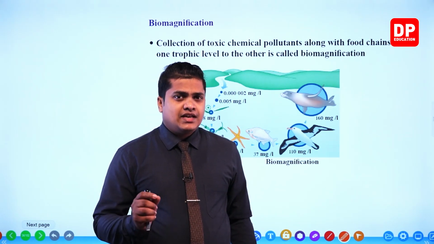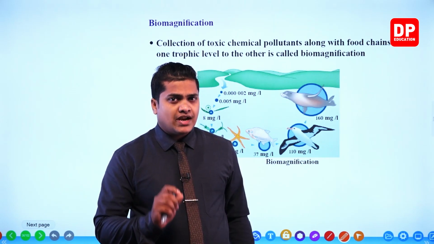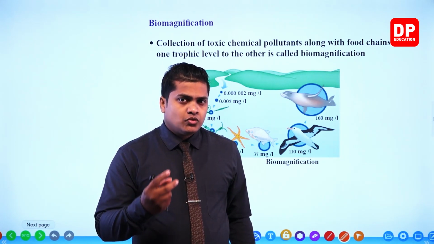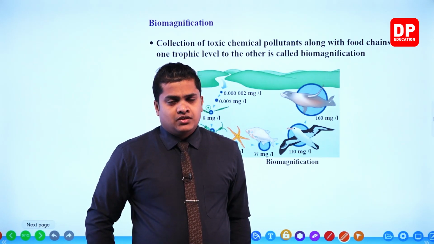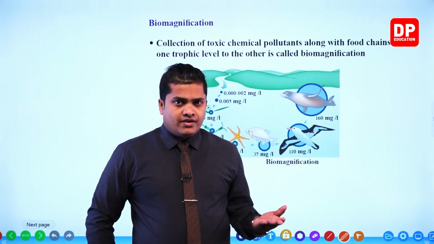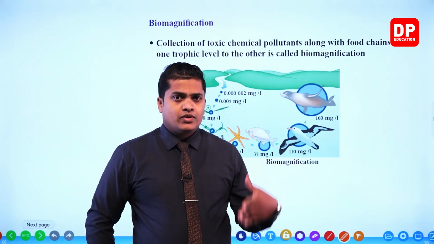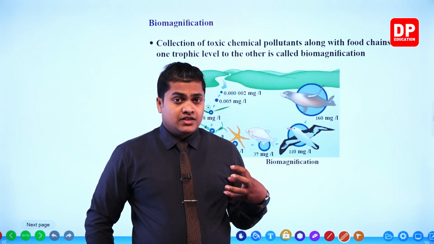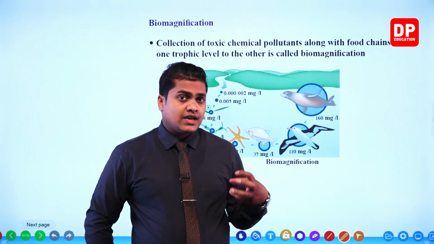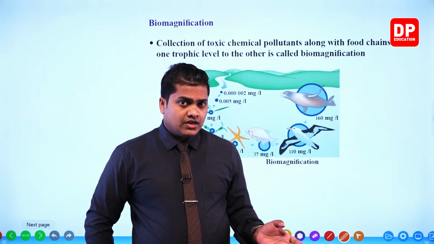Each and every time we consume that kind of fish, those toxic substances are getting collected in our body. So from one food link or one trophic level to another trophic level, these toxic substances are getting collected from one organism to another.